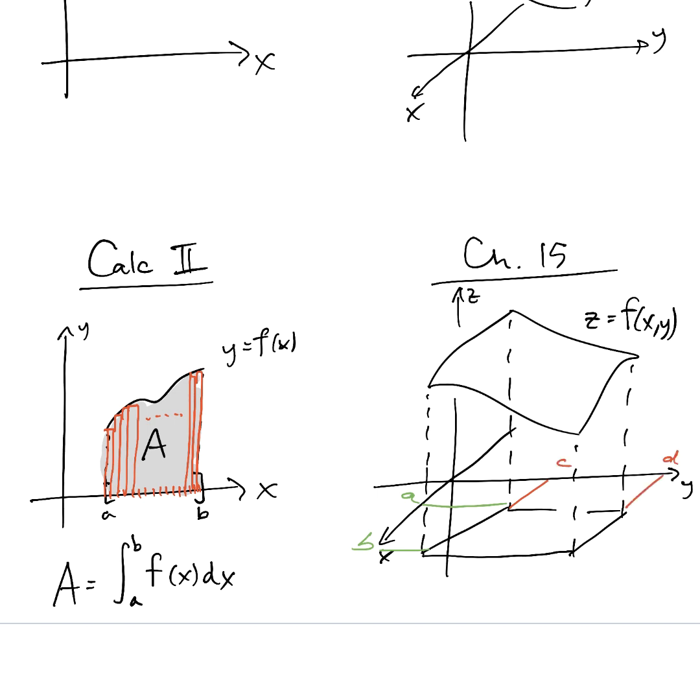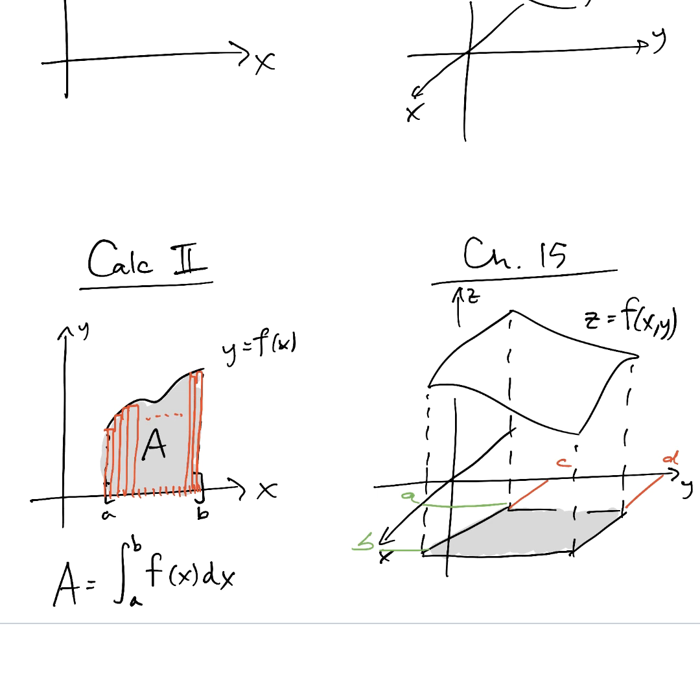And so this region is a rectangle, boundary included, flat down there in the xy plane. And we are interested no longer in the area under the curve, but rather the volume under the surface.